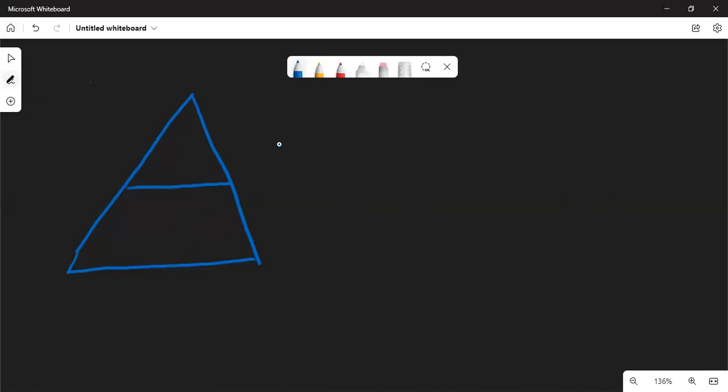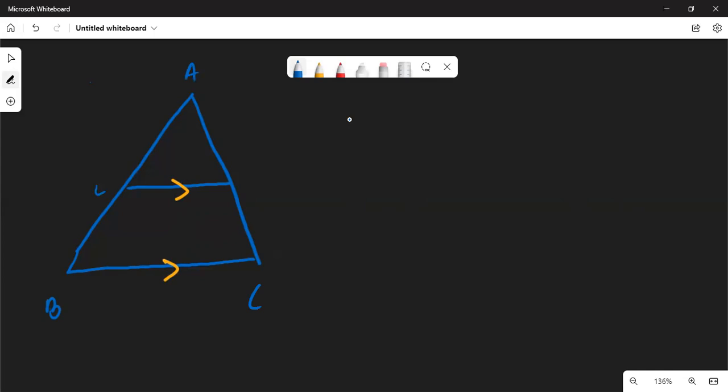Then you'll be given that these two lines are parallel. These two lines here, they are parallel. All right, so let's just say that's our triangle in this case, A, B, C.